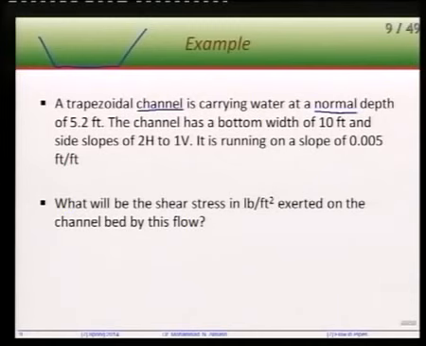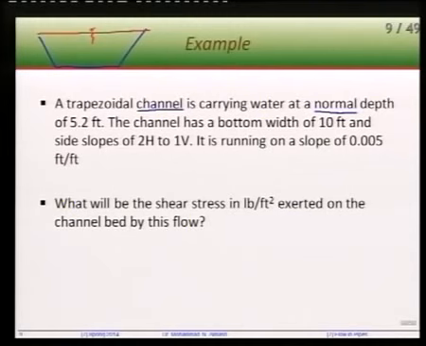So I will do a different color to indicate that this is the water. Okay, should be. Now, this is the first thing. The second thing is the word normal. Normal means this is a uniform depth.